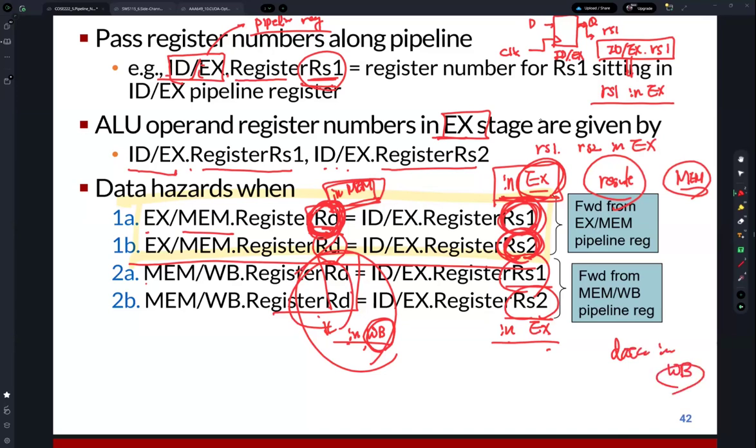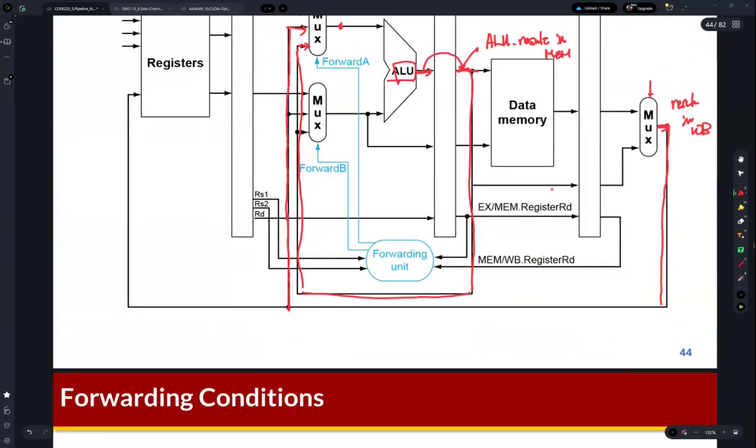What is this result? This is the data which will be written back to the register file. So this is the data in write back.